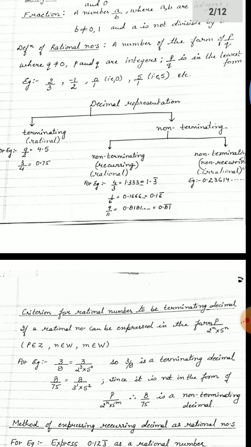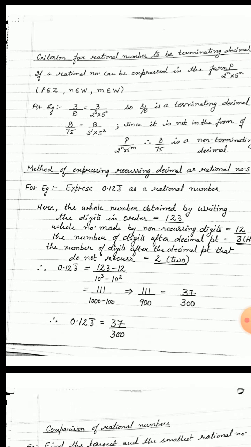Next, we come up to the criteria for rational numbers to be a terminating decimal. How do you find that a particular rational number is a terminating decimal or a non-terminating decimal? If a rational number can be expressed in the form of p upon 2 raised to the power n multiplied by 5 raised to the power m, where p is an integer and n and m are whole numbers, it is terminating.